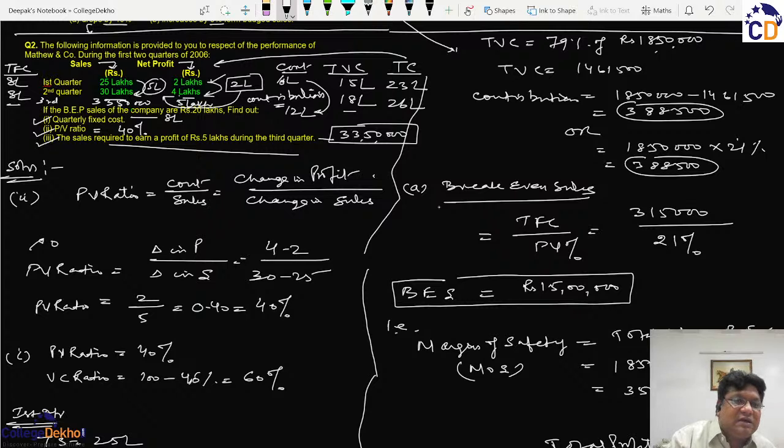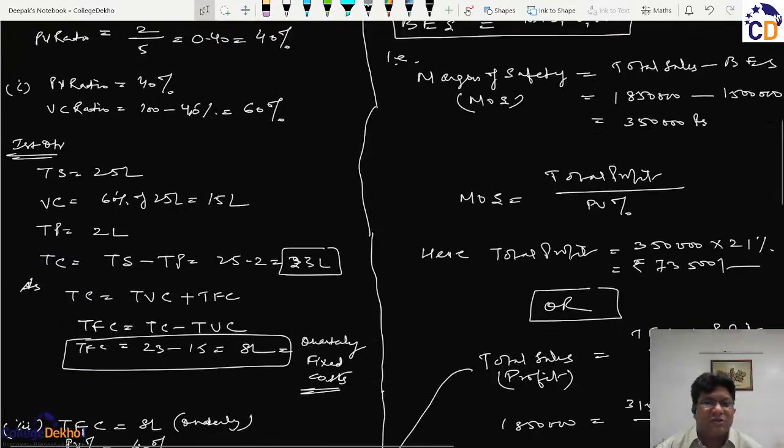And if you can see, this increase of 350 multiplied by the PV ratio will come out to be 1 lakh extra.